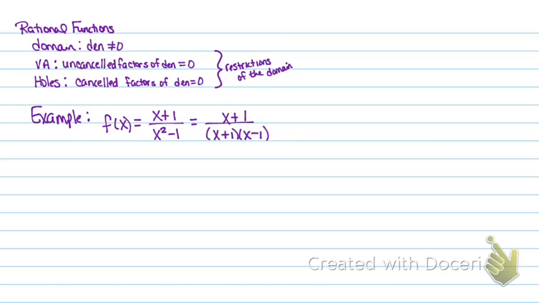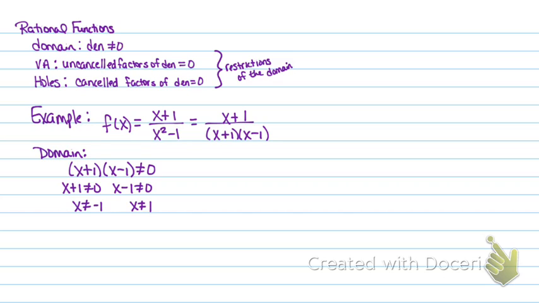And so from there, go ahead and do your domain. You tell me the denominator cannot equal 0. And we know to set those individually not equal to 0. We move the ones over by adding or subtracting, and we find what our x cannot be.